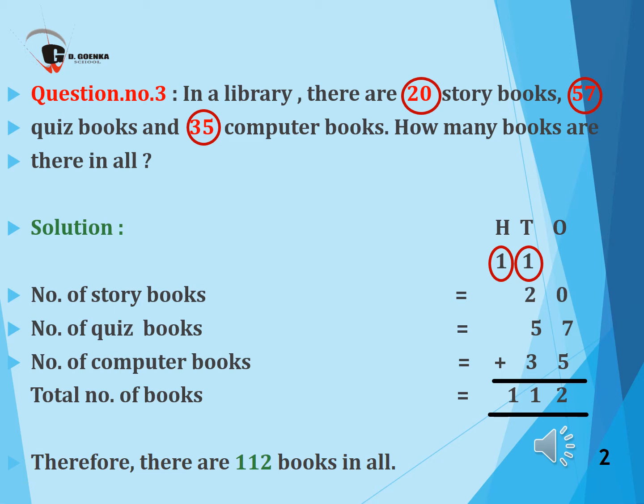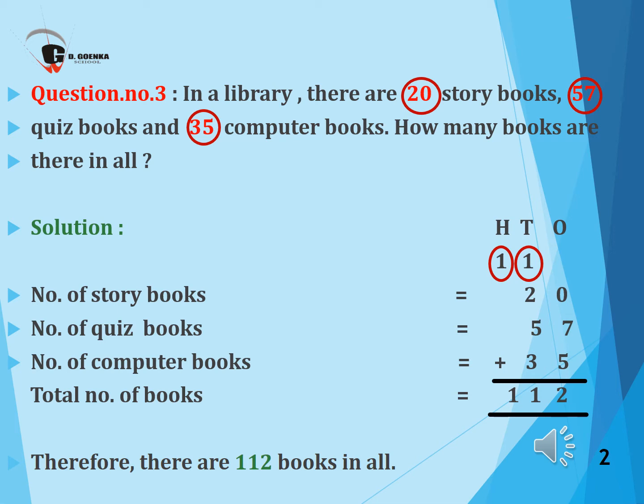Let's start our solution. So our first statement is number of storybooks. How many? 20. Next is number of quiz books. That is 57. And last statement is number of computer books. That is 35.